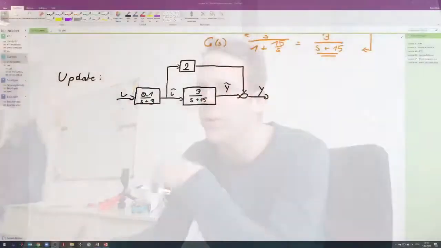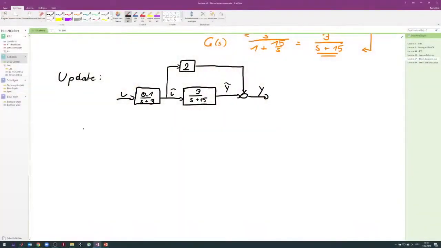Okay, so let's do this. If we say now Y, this is what we are looking for, our output is nothing but 2 plus 3 over S plus 15, right? So we go here, it's 2, and we go here, it's 3 over S plus 15, and we reach U tilde, right? So we don't stop there.